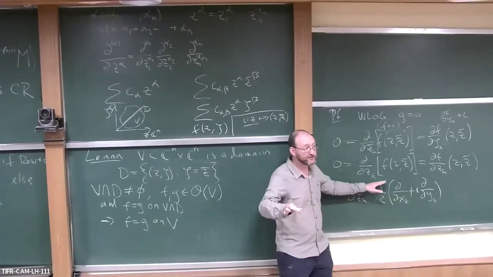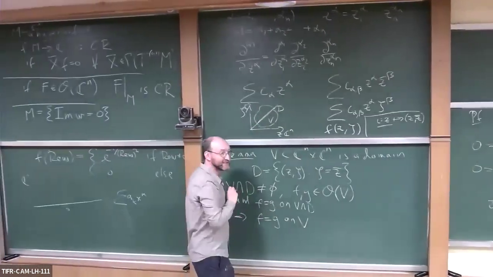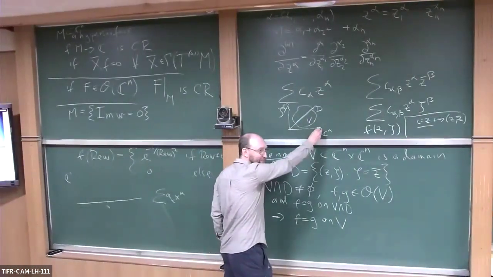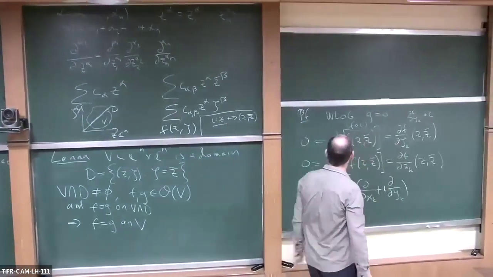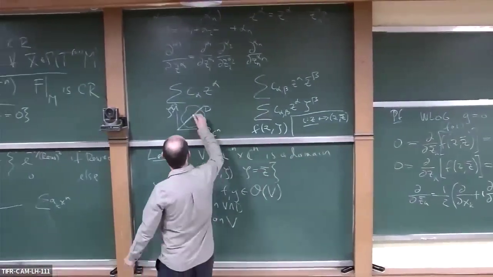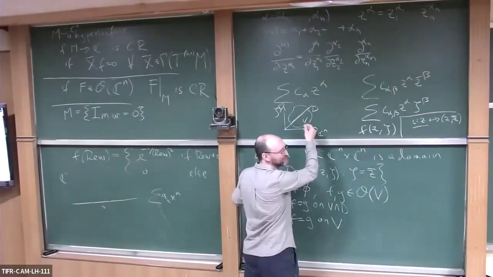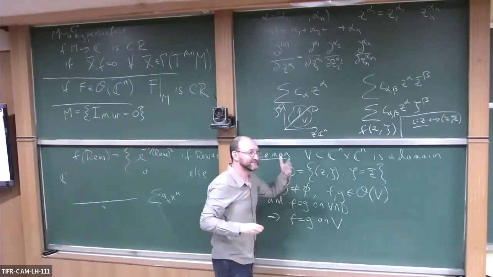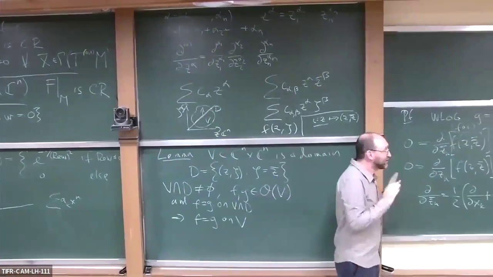So that's perfectly fine. I'm not doing some derivative over here; I am doing the derivative over here. Now, this derivative is the derivative in the zeta direction. I don't know how to draw it, but it's along the diagonal. They're different, which is why this is a non-trivial statement.